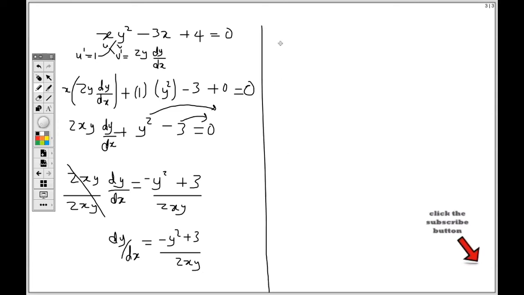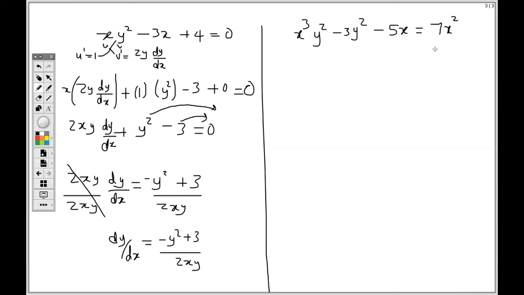Now I'm going to do another one where I will need product rule. So let me go ahead and write this. I have x cubed y squared. So it's a product of two functions. That's why we use product rule here. Minus 3y squared minus 5x equal 7x squared. Once again, I need to carry the 7x squared over the equal sign.